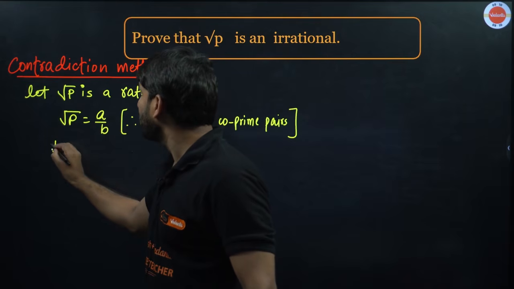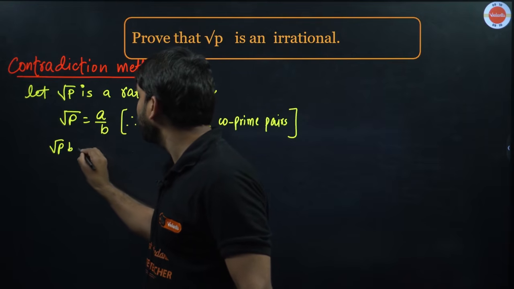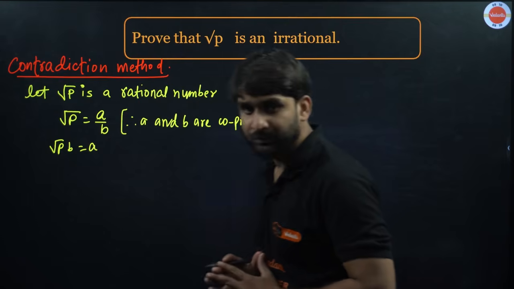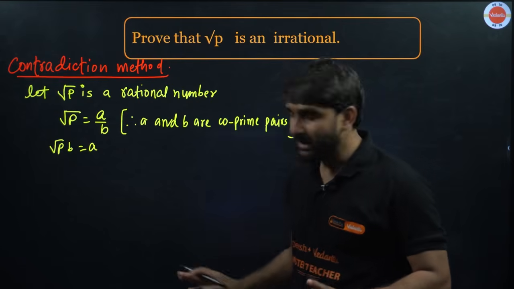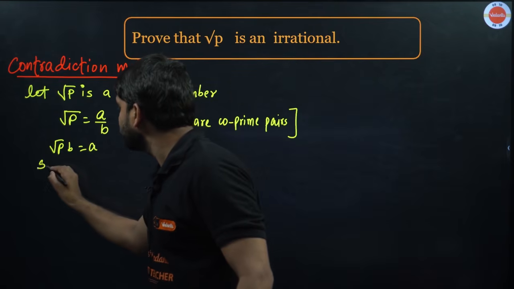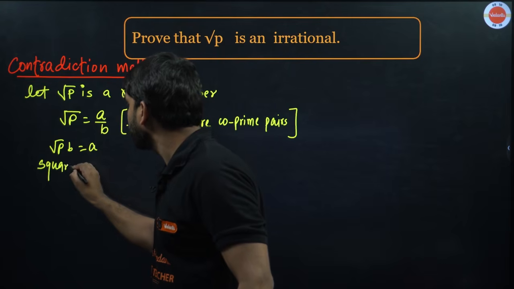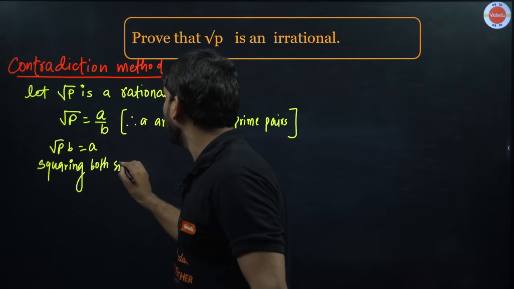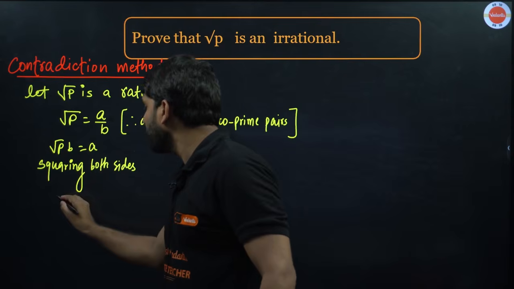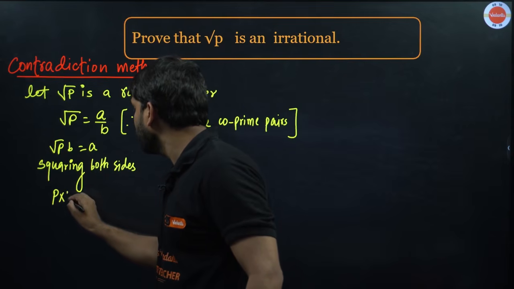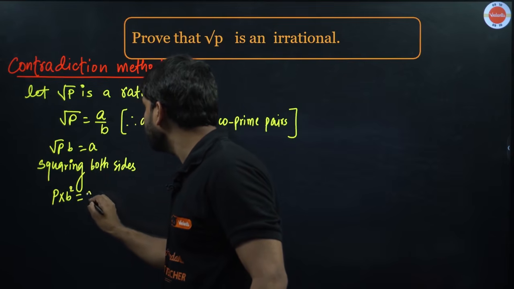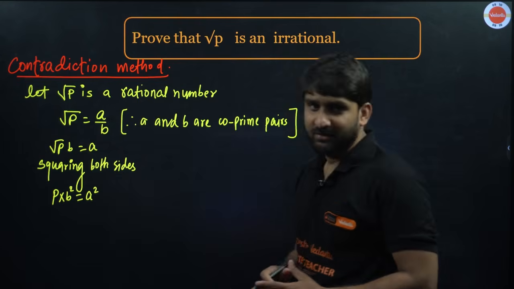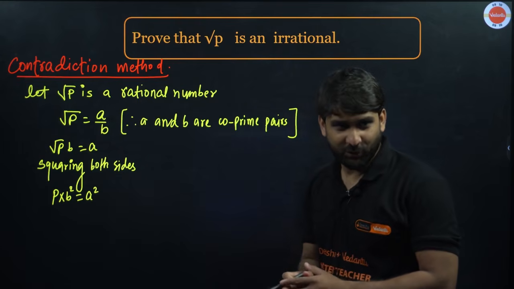So we can write here root P b is equal to a. Now squaring both sides, what are you getting here? So root removed, so P into b square is equal to a square. We can write P b square is equal to a square.